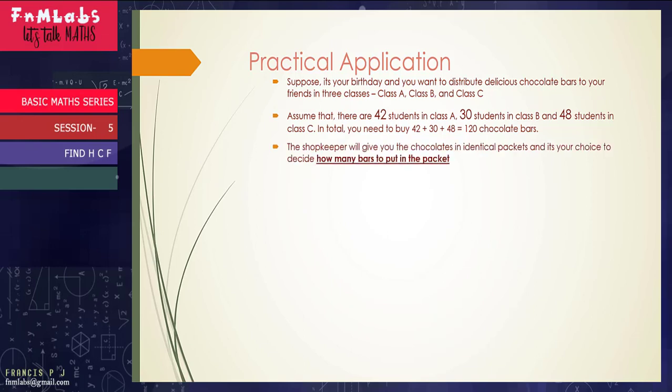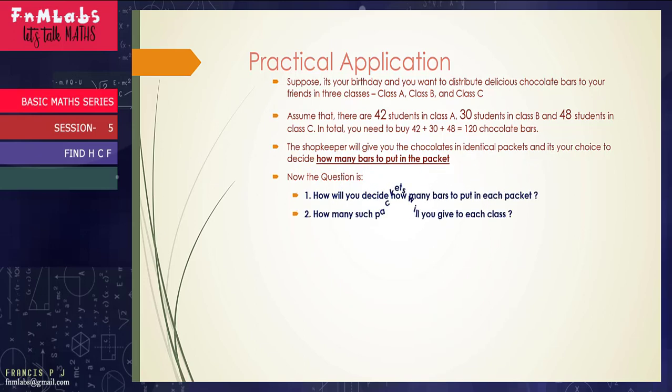The shopkeeper will give you the chocolates in identical packets, and it's your choice to decide how many bars to put in the packet. Now the question is, how will you decide how many bars to put in each packet? And how many such packets will you give to each class?